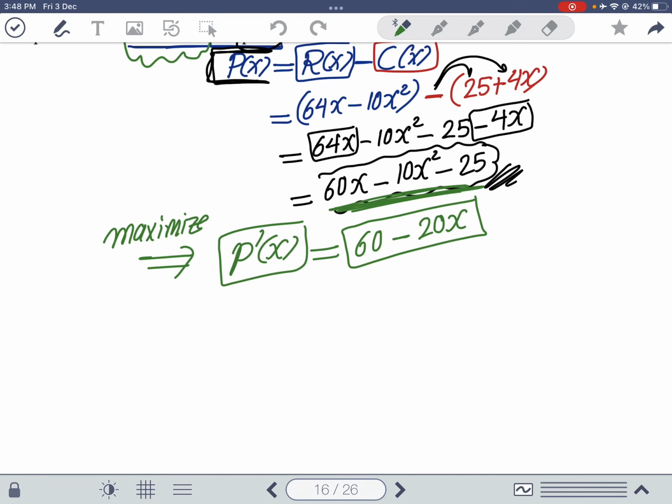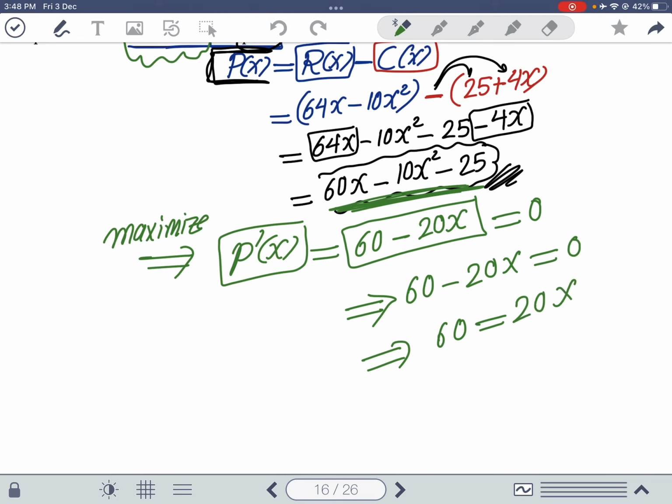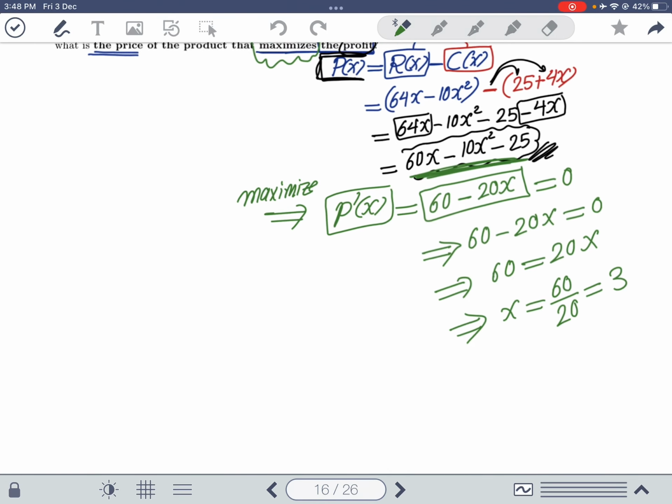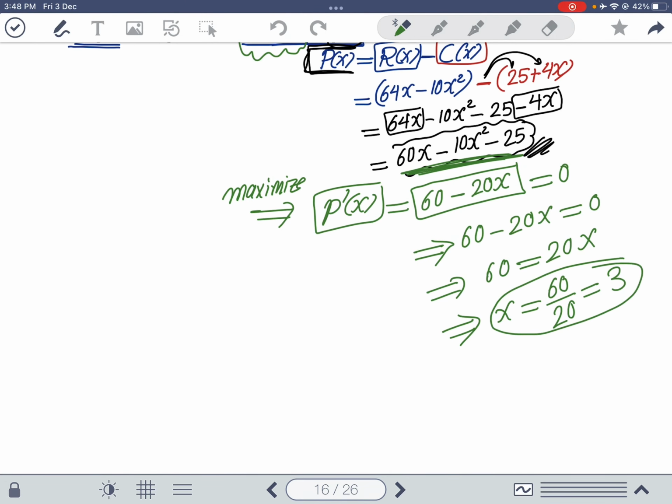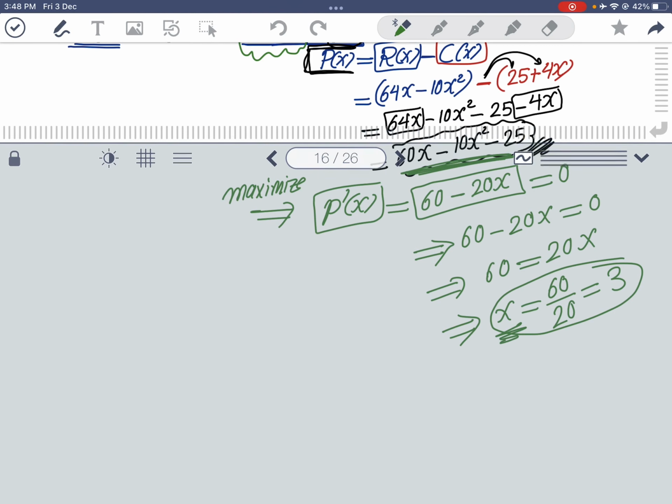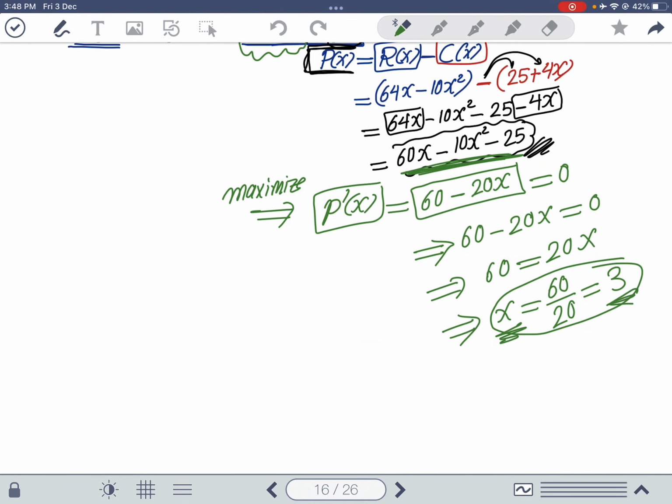And if I set the derivative equal to 0, then this will mean that 60 minus 20x is 0. So 60 equal 20x. If you take it to the other side, and then divide by 20, so you'll have x equal 60 divided by 20, and this is 3. So when x is 3, you have a critical number.